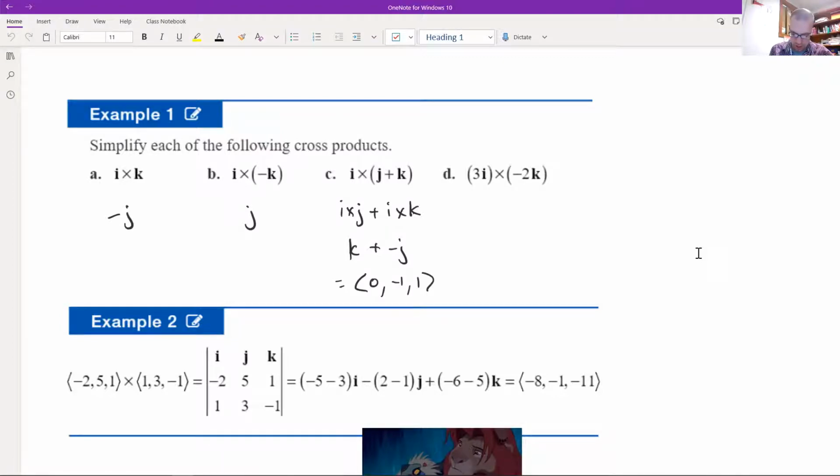And then this one, we could pull these numbers out, so we could have a negative 6 times I cross K. I cross K again is negative J. 6 times negative J, and so we just get 6J here. So that's the vector 0, 6, 0.